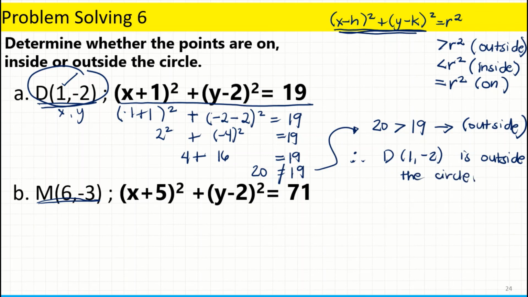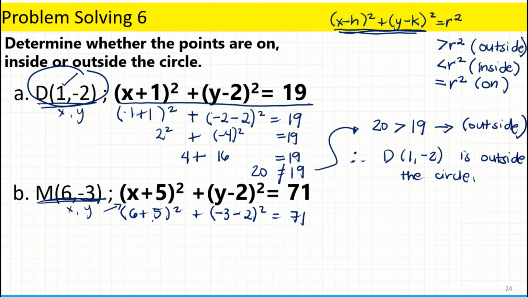Next, letter B. How about if we have point M (6, −3), with a circle of (x + 5)² + (y − 2)² = 71. And we are going to determine if this point is on, inside, or outside the circle. And to have this, again, substitute the value of x and y to the given equation. So we will have (6 + 5)² + (−3 − 2)² = 71.